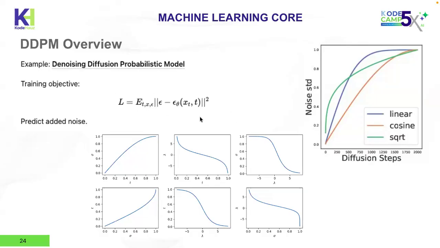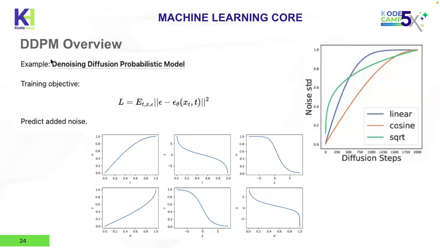So the training objective, the cost function, is to calculate the difference, where epsilon represents the noise, right? So epsilon, the actual noise, minus epsilon theta of xt, t. It's still kind of a mean square problem, and you are asking it to predict the noise that has been added.